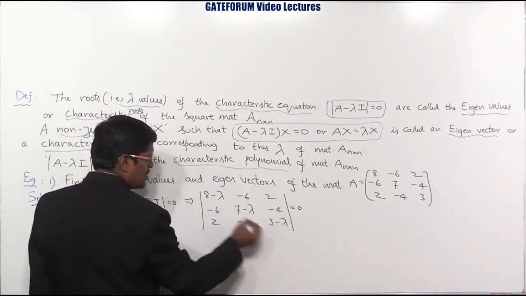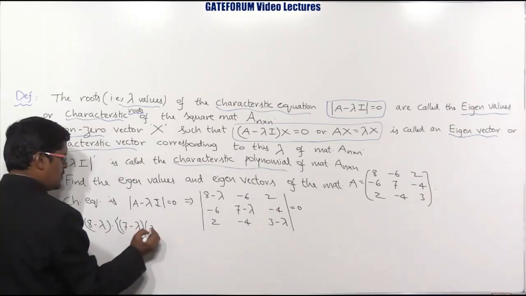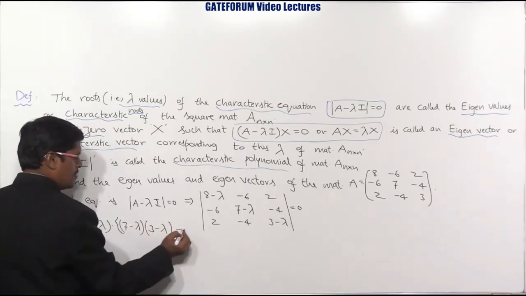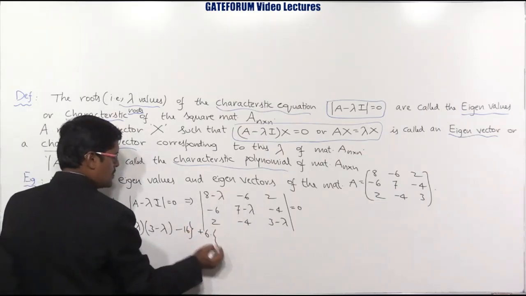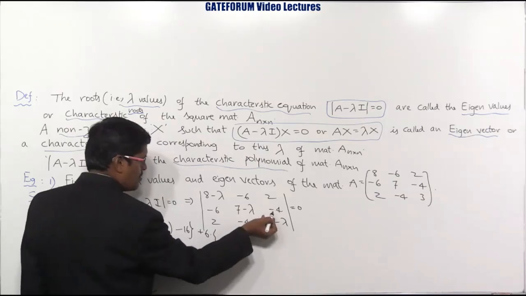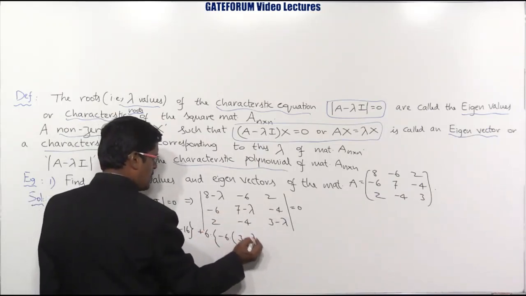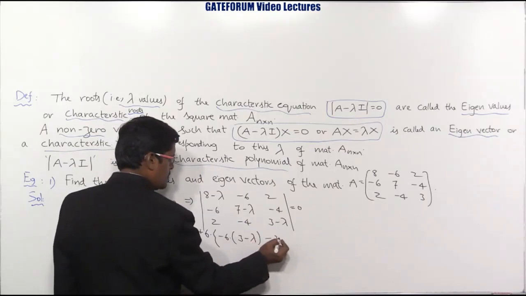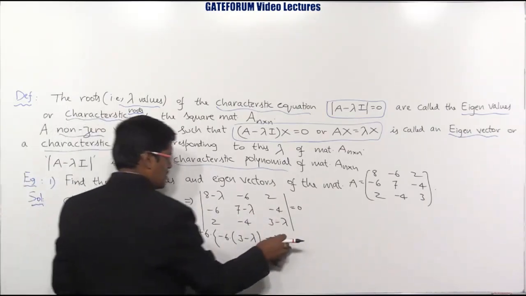So 7 minus lambda into 3 minus lambda minus 16. Minus of minus 6 plus 6 into, deleting second column, first row, minus 6 into 3 minus lambda minus 2 into minus 4, which simplifies to plus 8.